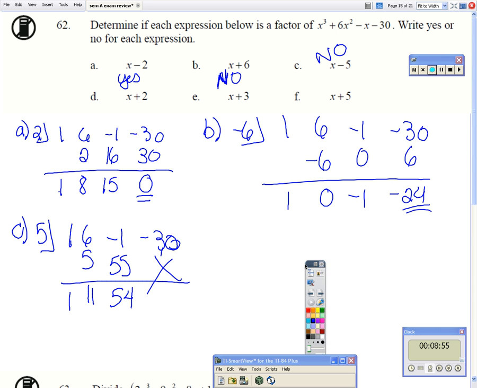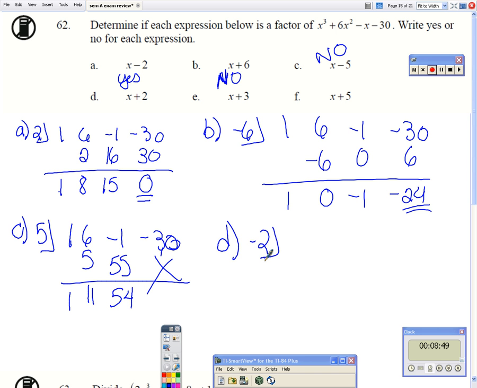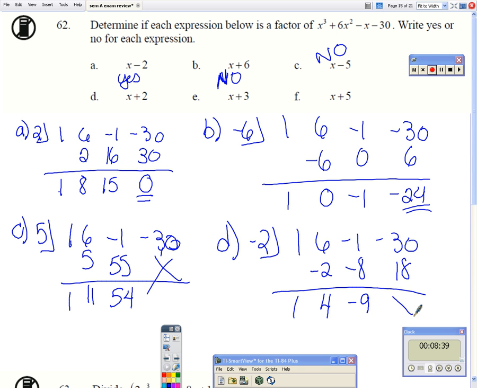And C, the answer is no, it is not a factor. Let's try D. Nope, that's not going to be 0 either, so D is a no.